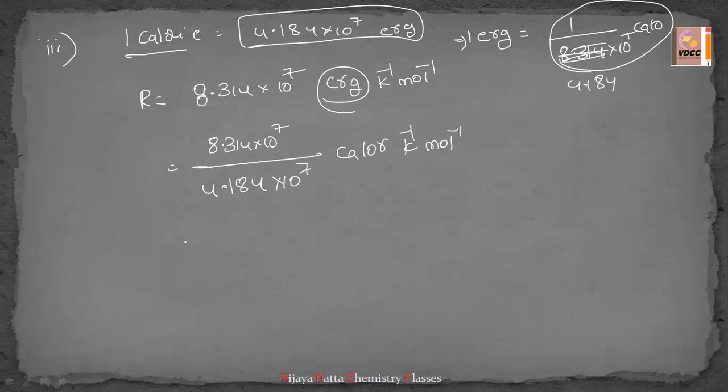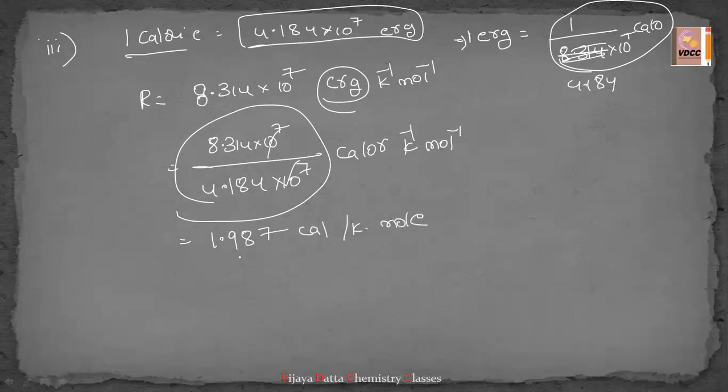If you calculate this, 10 to the power of 7 gets cancelled, and we get 1.987 calories per Kelvin mole. 1.987 is rounded to 2. So the R value in calories is 2. Generally we apply R value in calories as 2.